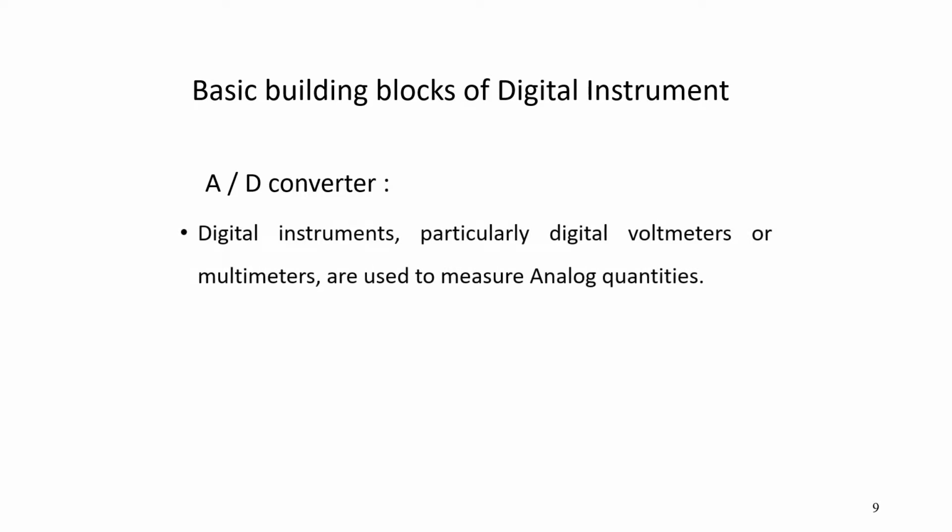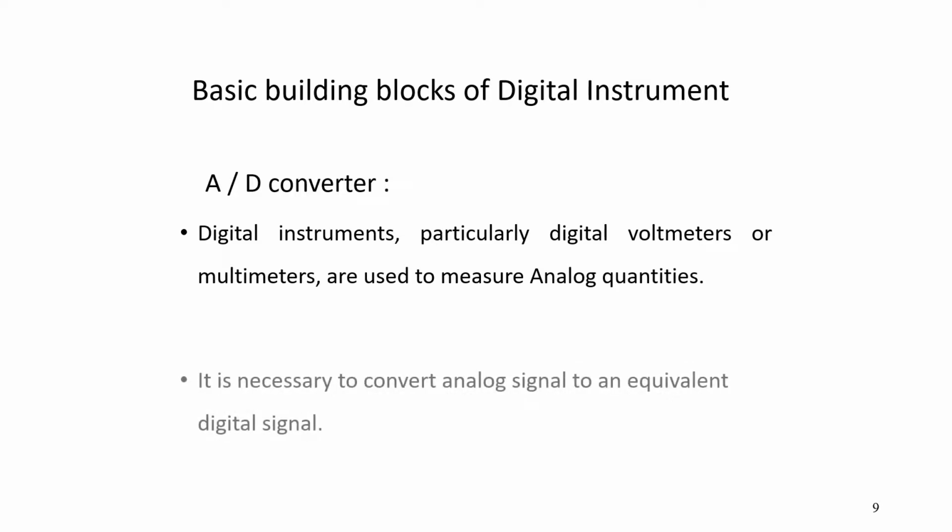The A to D converter: almost all digital instruments have this A to D converter. So digital instruments, particularly digital voltmeters or multimeters, are used to measure analog quantities. It is necessary to convert the analog signal to an equivalent digital signal.